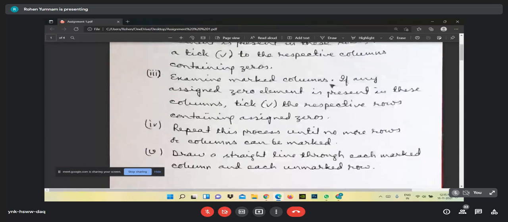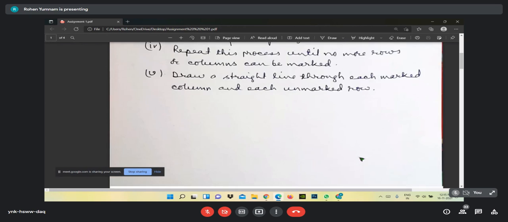Examine marked columns. If any assigned zero element is present in this column, tick the respective rows containing assigned zero, and repeat this process until no more rows or columns can be marked. Draw a straight line through each marked column and each unmarked row.